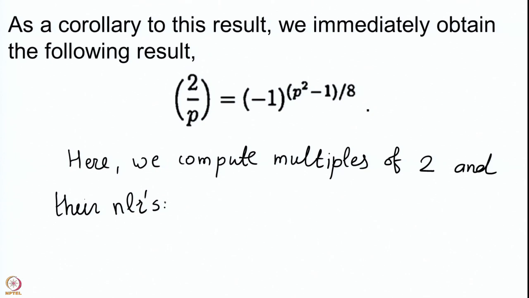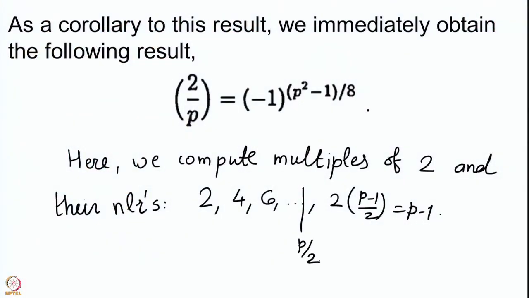So, the multiples are going to be 2, 4, which is 2 into 2, then 6, which is 2 into 3, up to 2 into (p minus 1) by 2. So, we get a total of (p minus 1) by 2 multiples of 2, and somewhere here we will have the number p by 2. We should count how many of these multiples of 2 are less than p by 2.